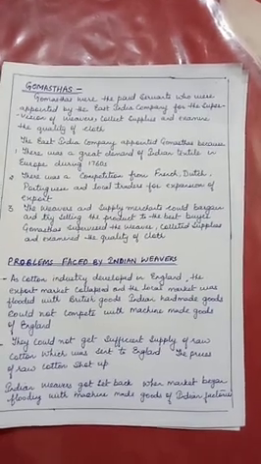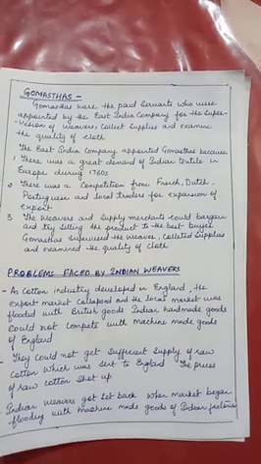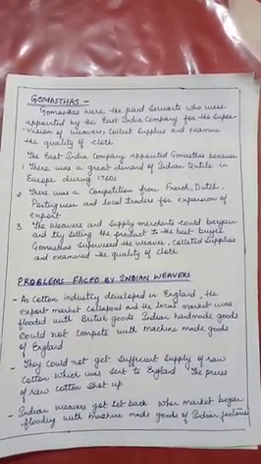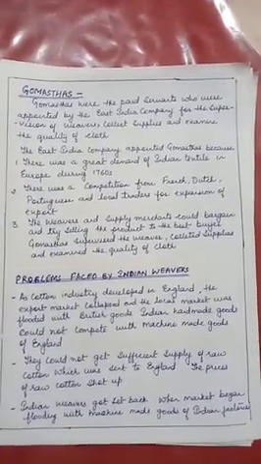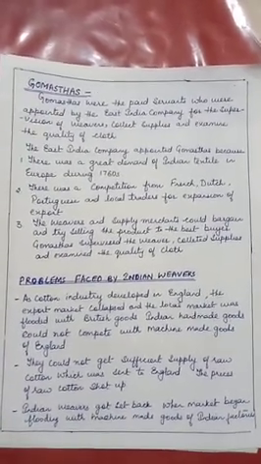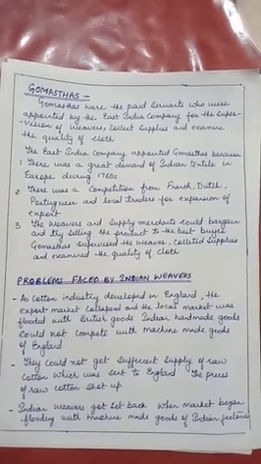There was stiff competition from French, Dutch, Portuguese and local traders for expansion of export. The weavers and supply merchants could bargain and try selling the product to the best buyers. Hence, Gumastas were appointed who would supervise the weavers, collect supplies and examine the quality of cloth.